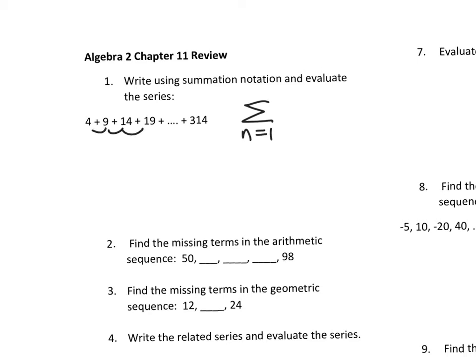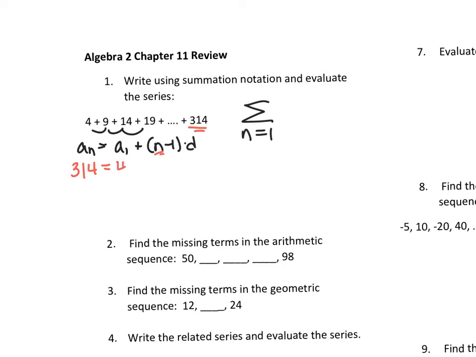So I'm going to use the arithmetic sequence formula. So it's going to be a sub n equals a sub 1 plus n minus 1 times the common difference. So I'm going to plug in, I know the last term, or the nth term, is 314, and I'm trying to figure out how many terms there are.